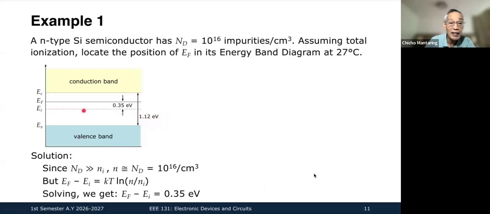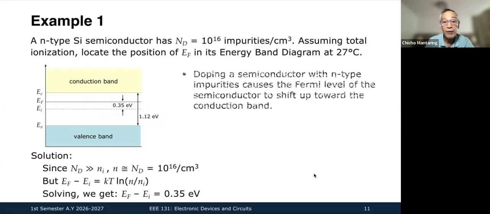So yung E of I nasa gitna nun, and yung E of F, sa intrinsic, andito yung E of F, ngayon, dope siya, aakyat yung E of F. So doping a semiconductor with n-type impurities causes the Fermi level to shift up toward the conduction band.